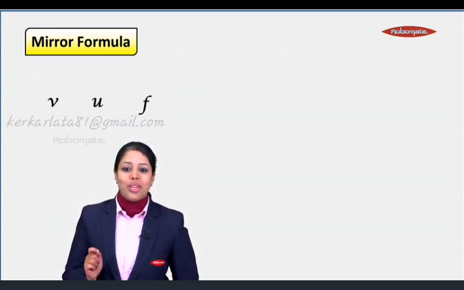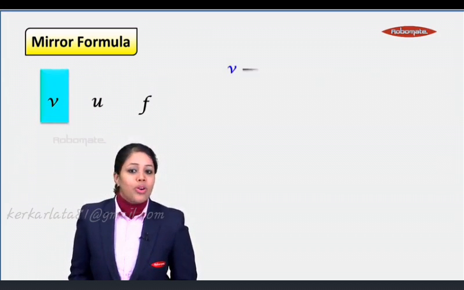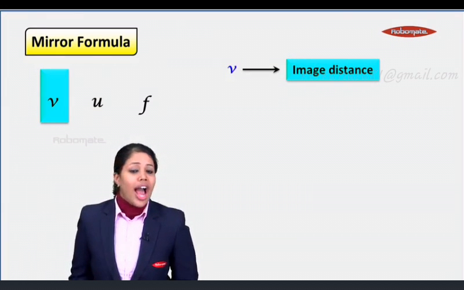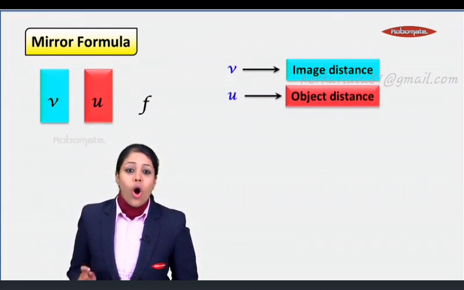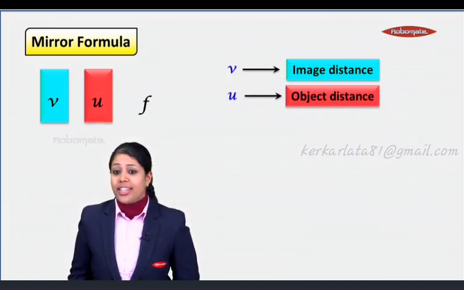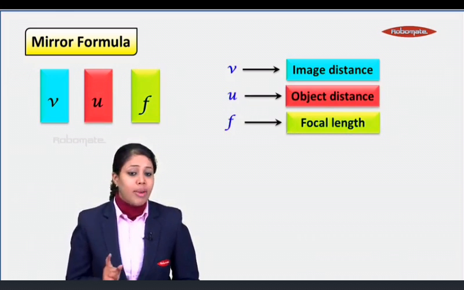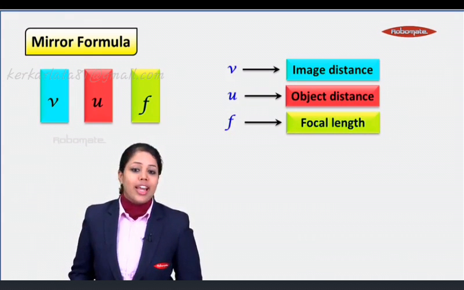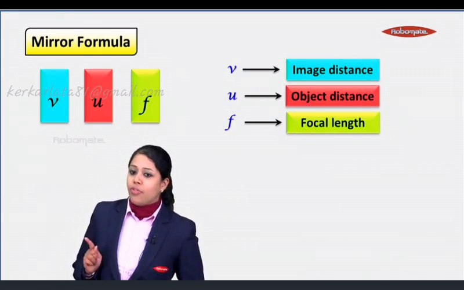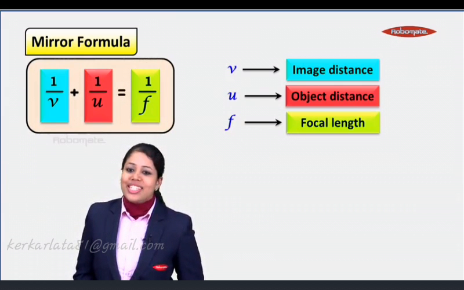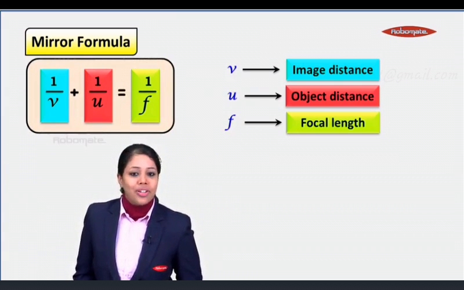Let's understand what v and u mean. Small v stands for image distance. Small u stands for object distance. And finally, small f stands for focal length. So we have v, image distance, u, object distance, and f, focal length. And the mirror formula is 1/v + 1/u = 1/f.